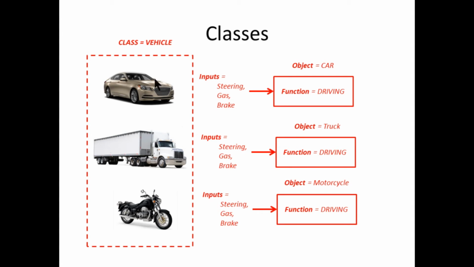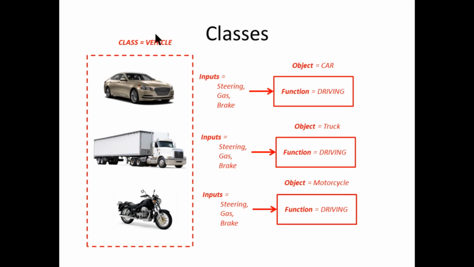So what we can do is we can put all of these different objects with different forms but the same function and inputs, put them into what we call a class of vehicle. They all belong to this general class of vehicle that does driving and has identical inputs, and they are different forms, different properties, but they all belong to a class of object called a vehicle.